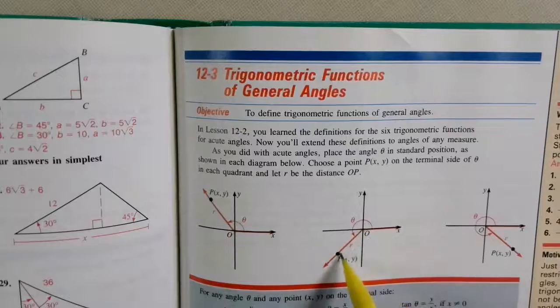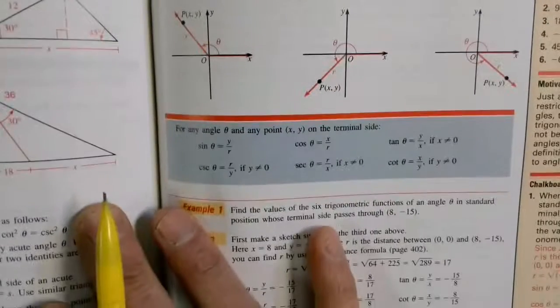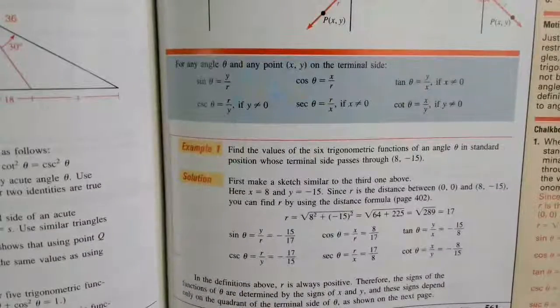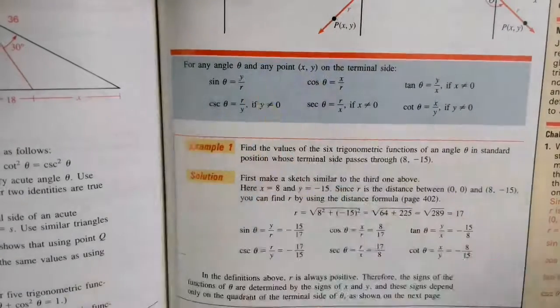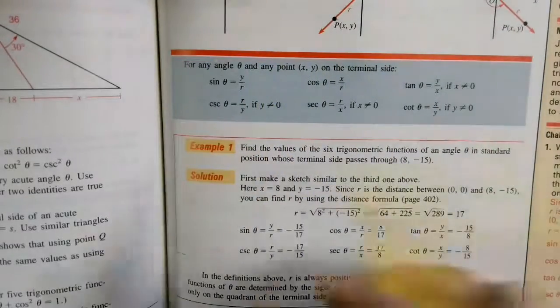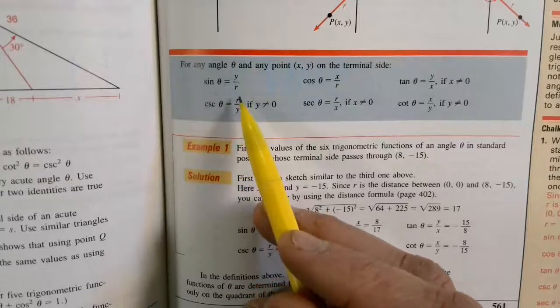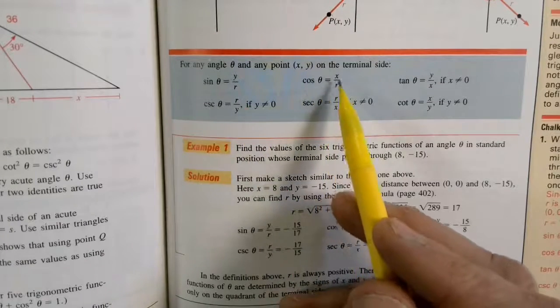Now this gray box summarizes some of what we need to know. Let's look at it. For any angle theta and any point (x, y) on the terminal side, the sine of theta is y over r. Cosine of theta, x over r.